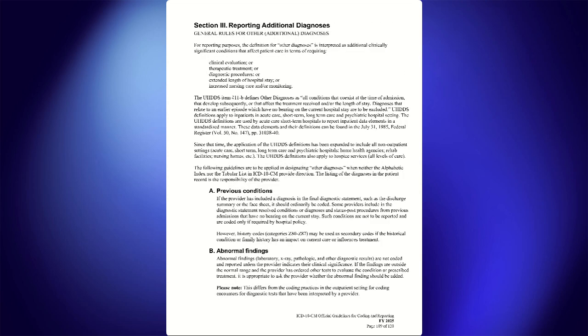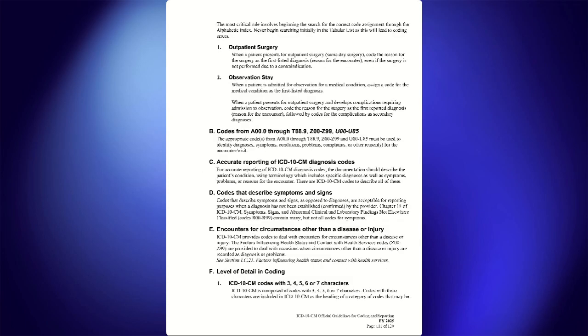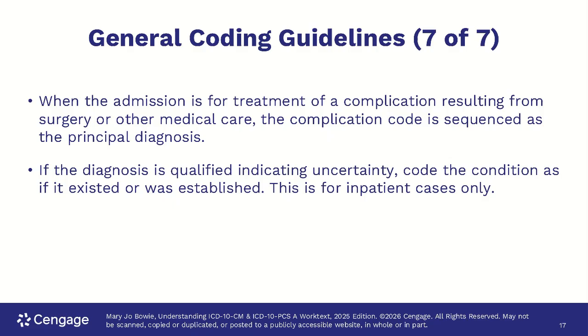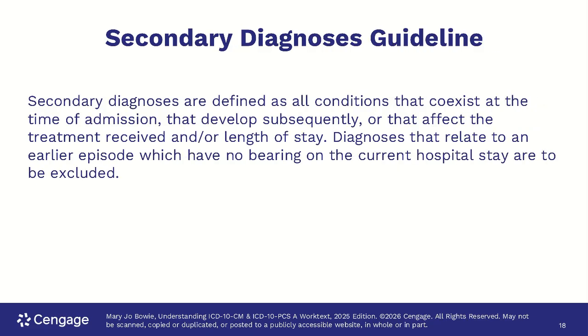But when it comes to outpatient, and I'm going to flip over to those guidelines, here, letter H, do not code uncertain diagnoses. So you see the difference between inpatient versus outpatient. Inpatient, you can code uncertain diagnoses. Outpatient, you cannot.